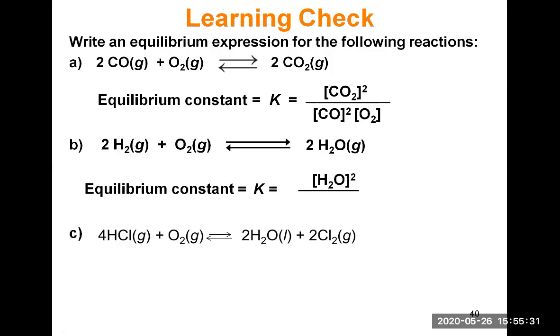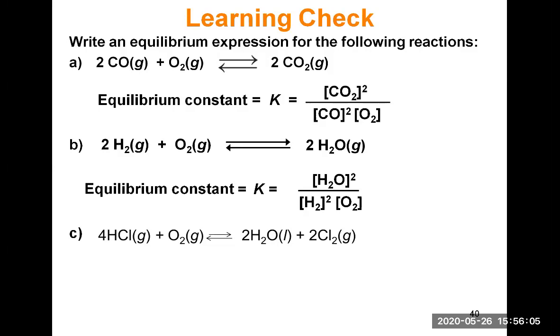So the coefficient of 2 becomes the exponent for the concentration. Over the concentration of H2, also squared because we have a coefficient of 2 in front of H2, times the concentration of O2. And O2 has a coefficient of 1 in front of it, so the concentration is not raised to any exponent. And so that would be the equilibrium constant for that second reaction.